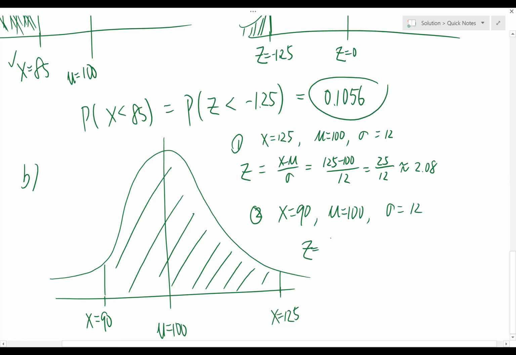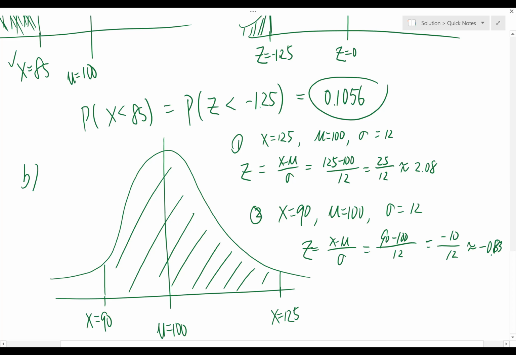Z-score equals x minus mu over sigma. So it's 90 minus 100 over 12. So this is negative 10 over 12, right? Approximately negative 0.83. Again, I round to 2 decimal places.